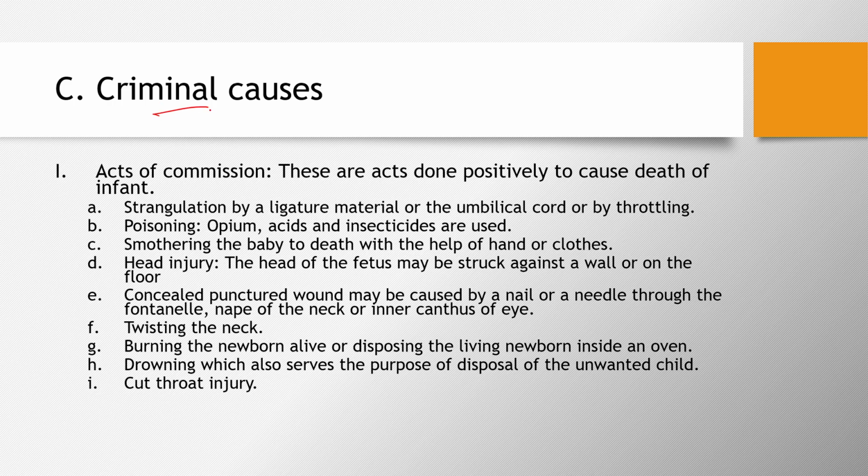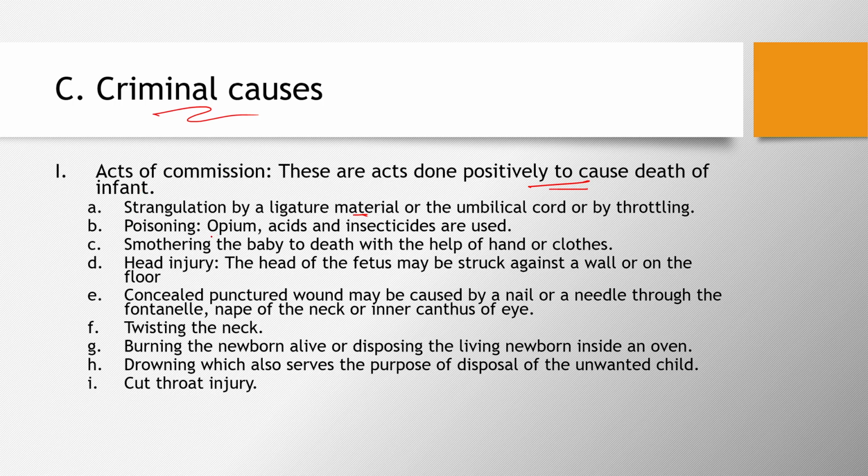Now coming to criminal causes of live birth, it may be divided into acts of commission and acts of omission. Acts of commission are acts done positively to cause death of an infant. The person has the intention to cause death of the infant by doing certain acts, which may include strangulation by ligature materials. Commonly they may use the umbilical cord itself to cause strangulation, or may also cause throttling using the hand.